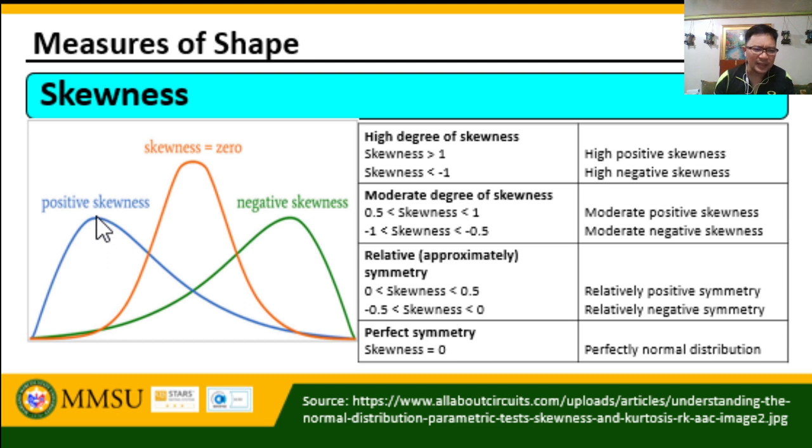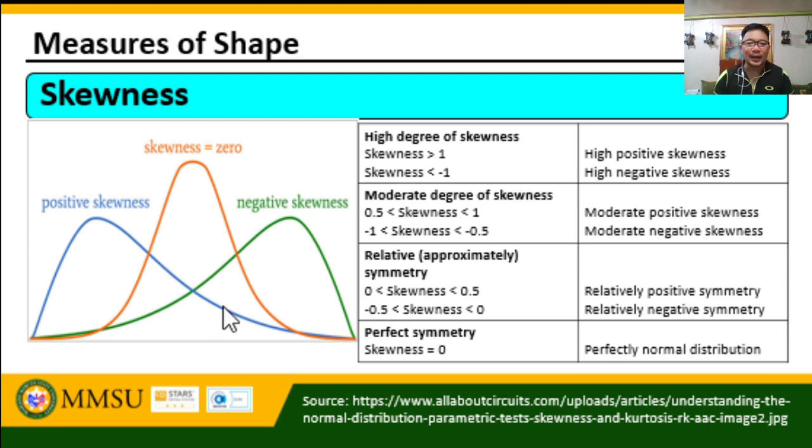If the figure is skewed to the right side, we have positive skewness. But if it is skewed to the left side, then that is negative skewness.